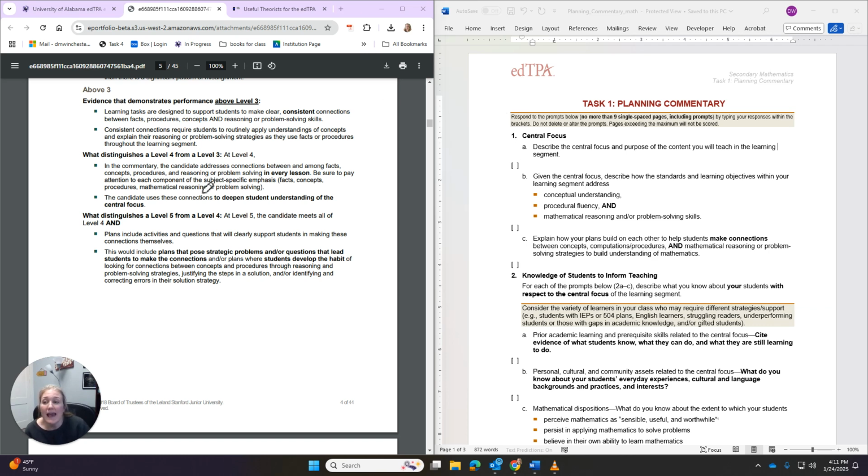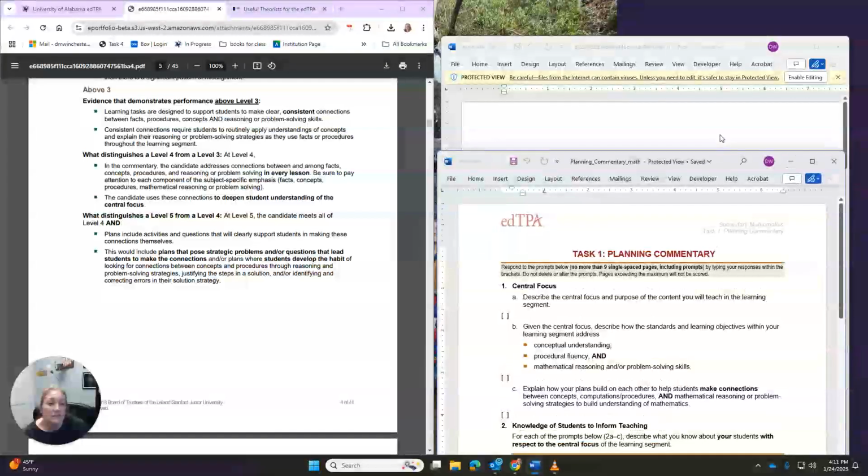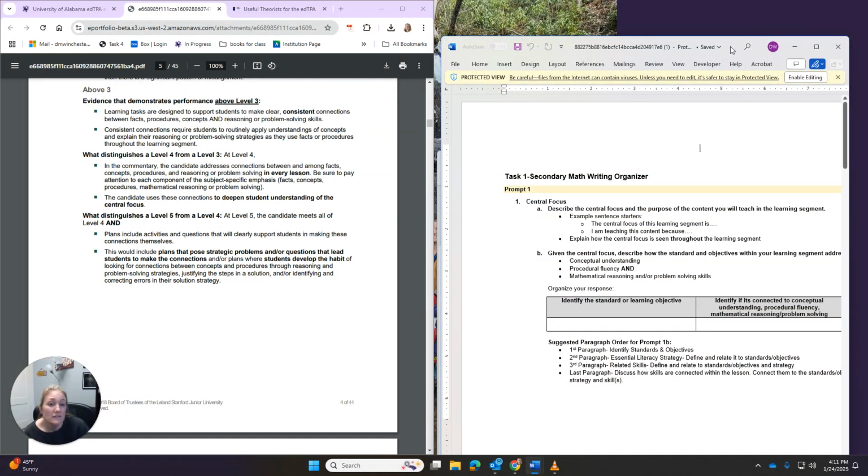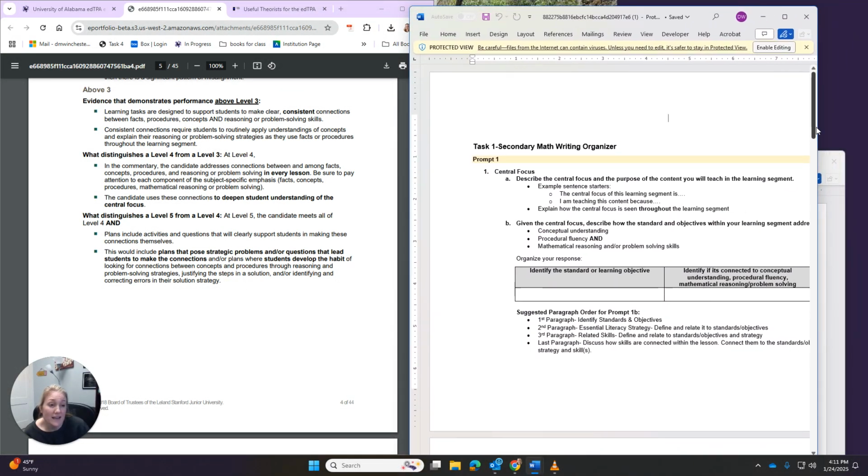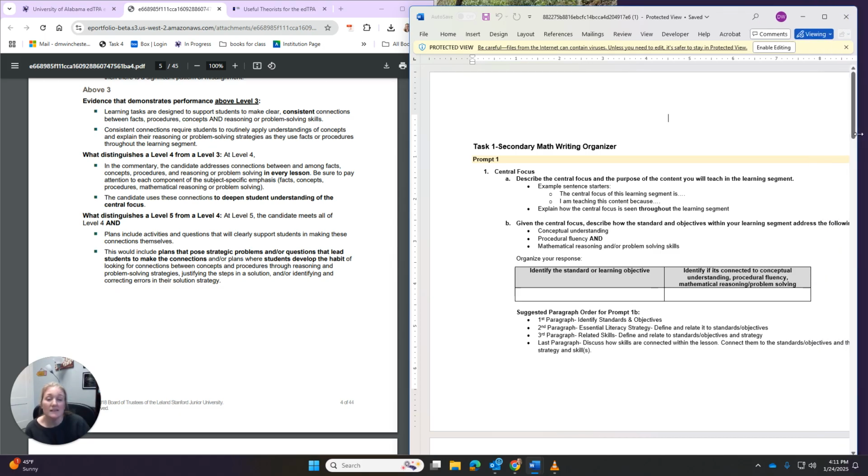When I'm looking at my writing organizer here, some people choose to print these off. Some people just choose to kind of glance at them and use them as a way to write.